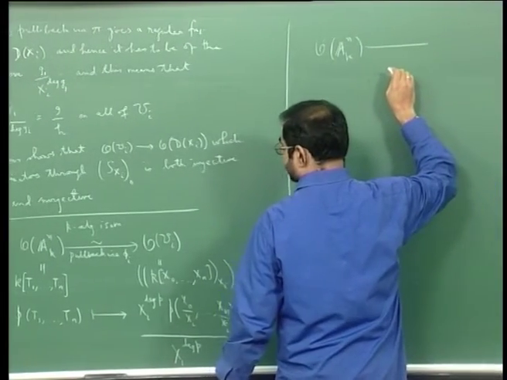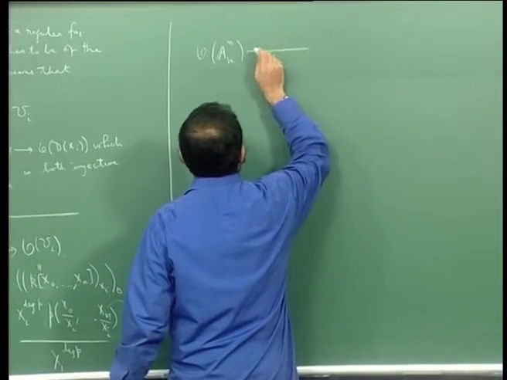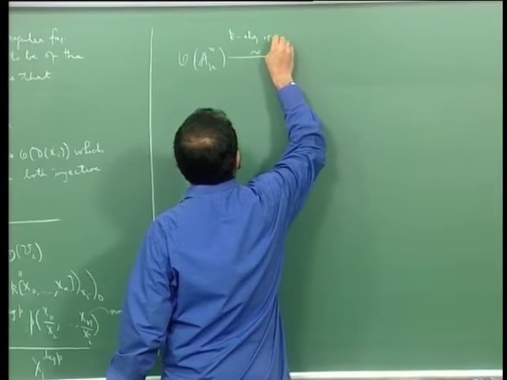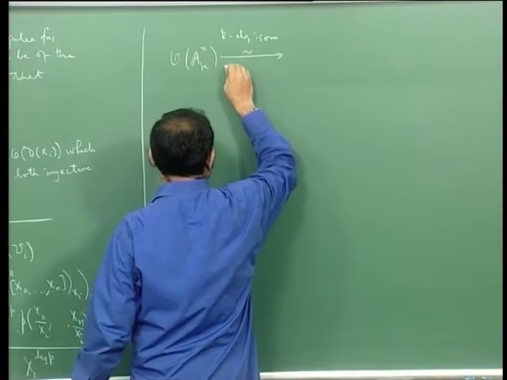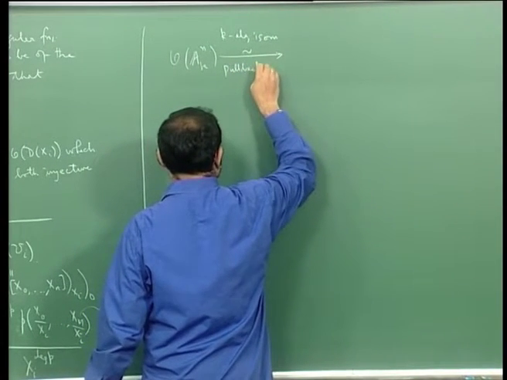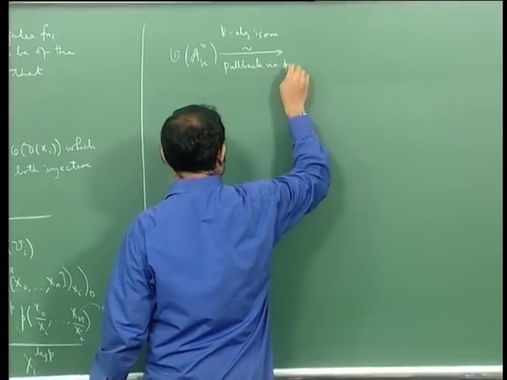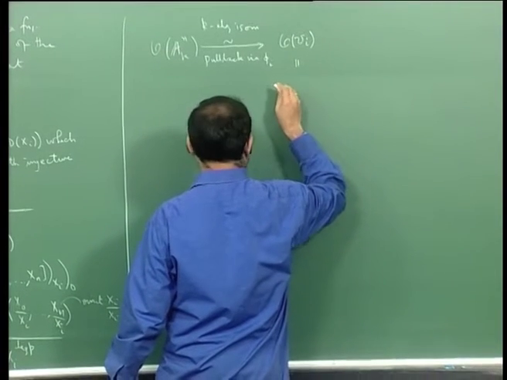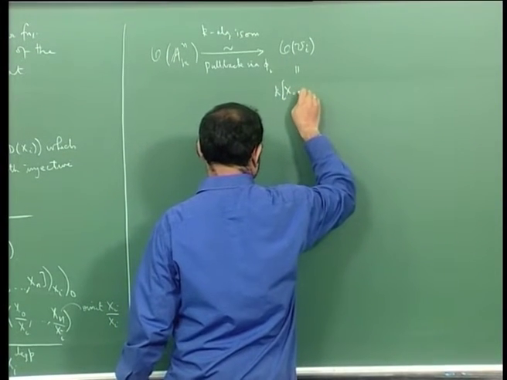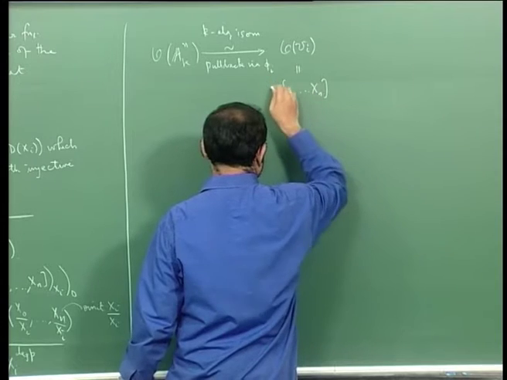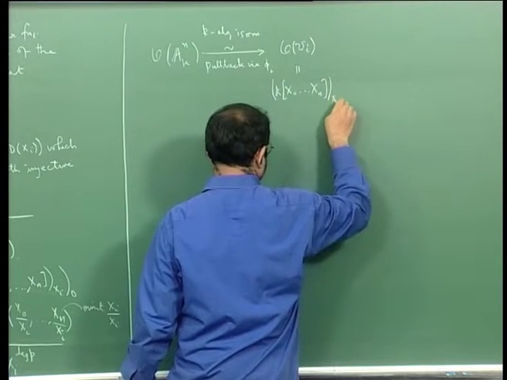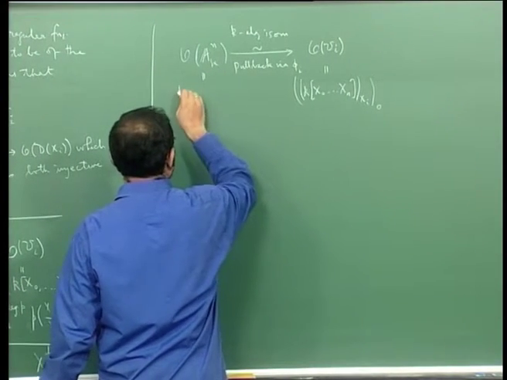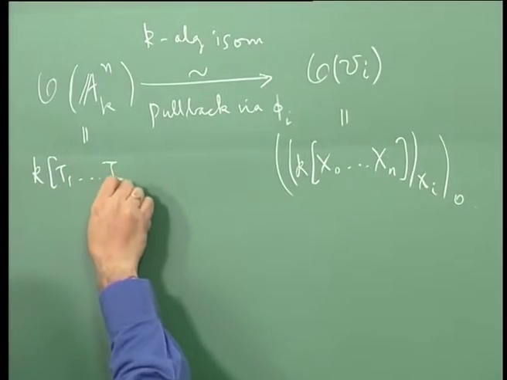So what is a map in this direction? So this is pullback via pi. So I have here k[x naught, etc., xn] localized at xi, take the degree 0 part, and here this is k[t1, etc., tn].